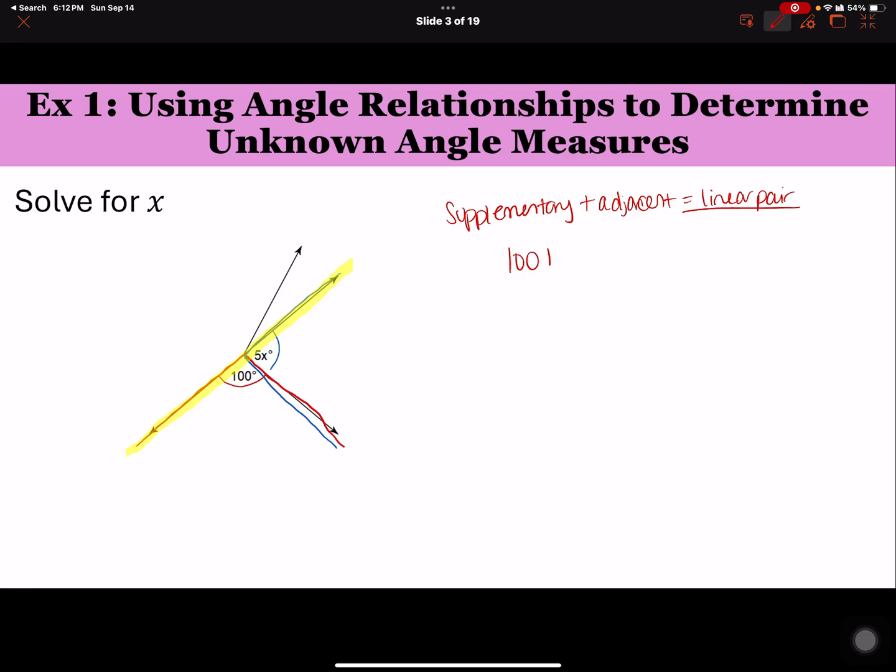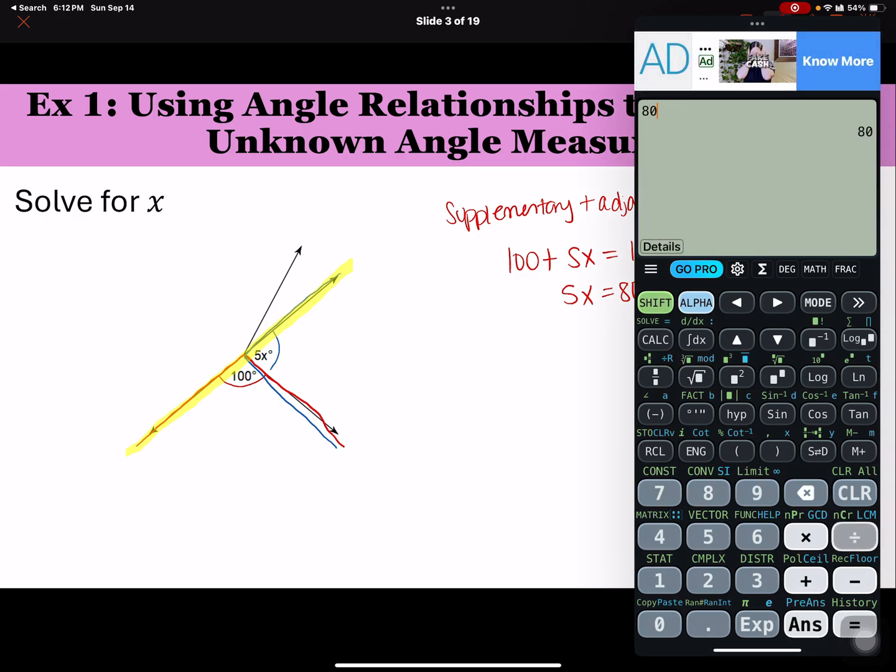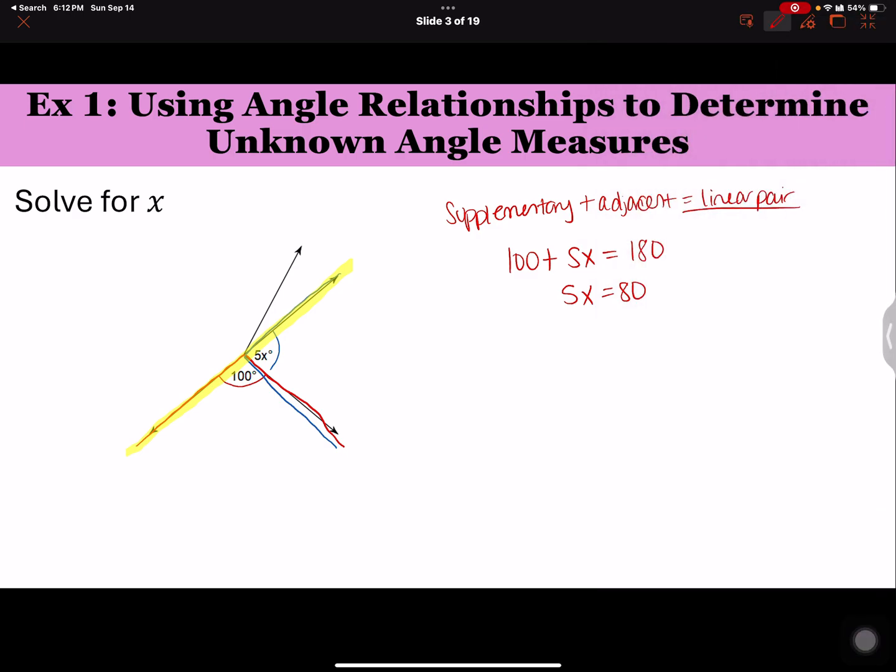So 100 plus 5x equals 180. Subtract 100 on both sides, so 5x will equal 80. Then divide by 5 on both sides. So 80 divided by 5 will get you 16. So x is equal to 16.